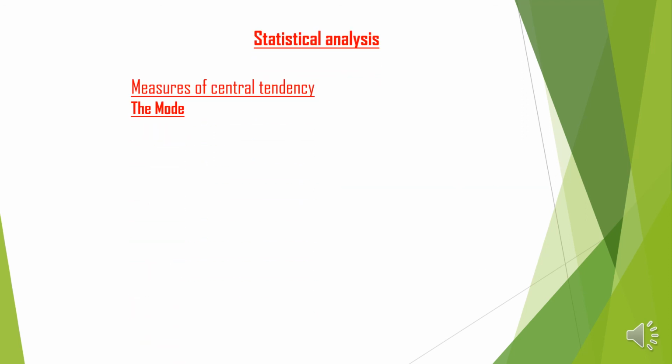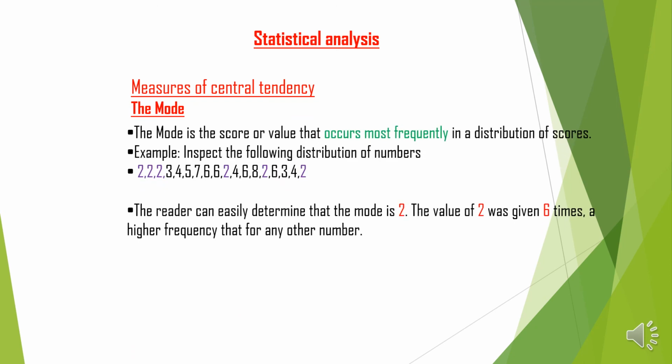What's the mode? Mode is the most frequently occurring number, figure or data element. Something is repeated too much rather than others. If you look at this example, you can find that 4 is repeated here, 6 is repeated also, 2 is repeated also. So what's the most frequent number repeated here?